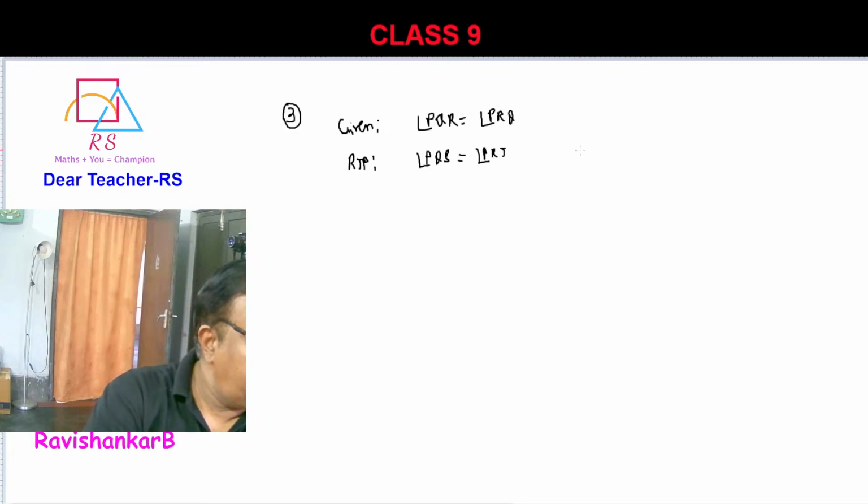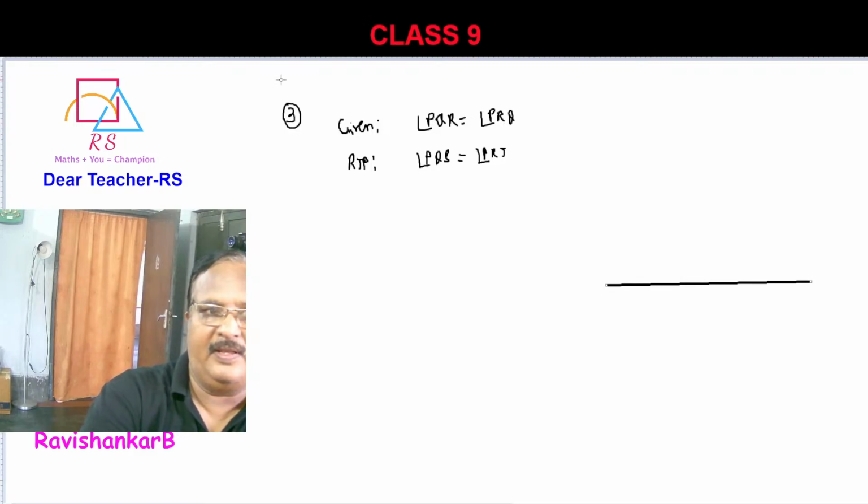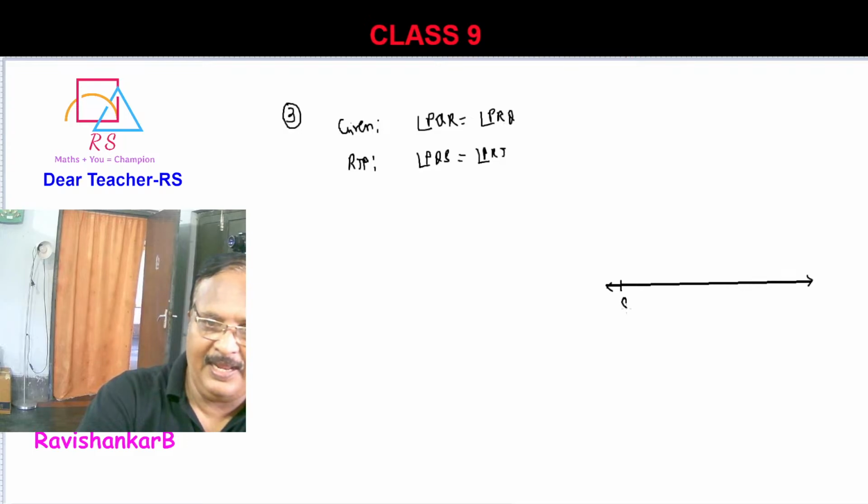Okay, so let me draw the diagram. He has given a line ST. A clear line is given, ST. So draw the figures perfectly using the appropriate instruments and label it. Don't forget to label. Without label, there is no diagram.